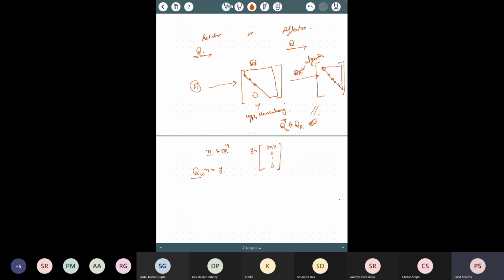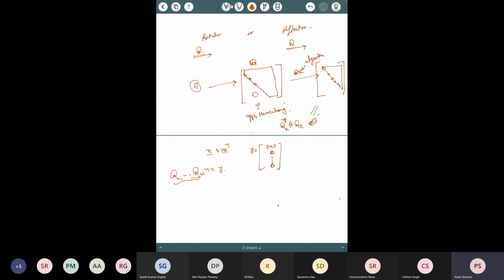Actually you can create a sequence of rotators, not only one but n-1 rotators, because using one rotator you can create only one zero. In order to create zeros in these n-1 places, you need n-1 rotators.